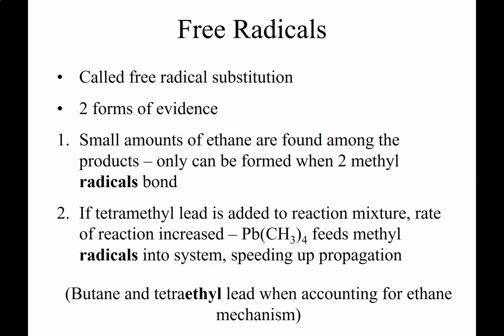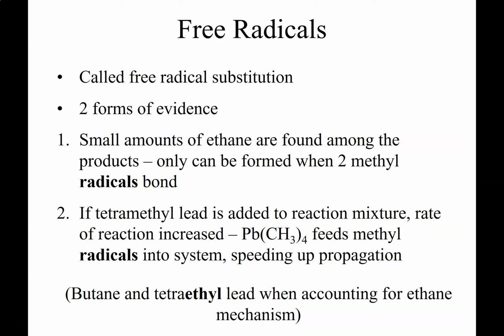In this mechanism, free radicals are used, so it's called free radical substitution. There are two forms of evidence for how we know that this happens. One is that small amounts of ethane are formed in the products.